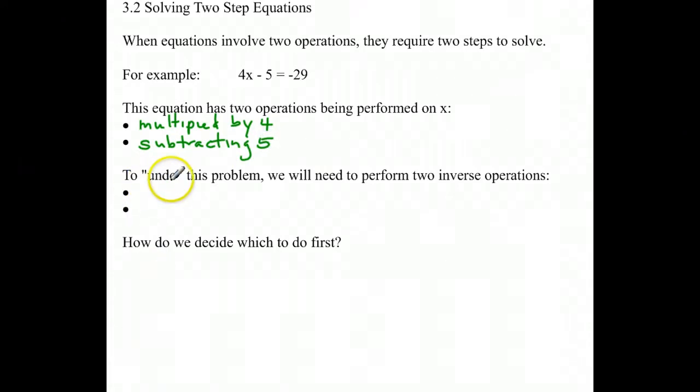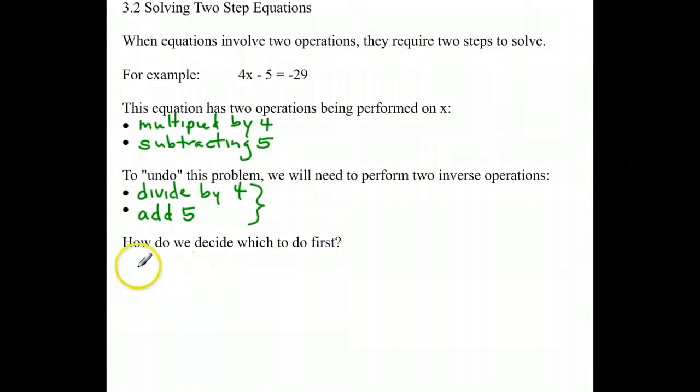So to undo the problem, we need to perform two inverse operations of what we're talking about here. The inverse of multiplying by 4 is to divide by 4, and the inverse of subtracting 5 is to add 5. So these are the two things that we will have to use to solve for x.